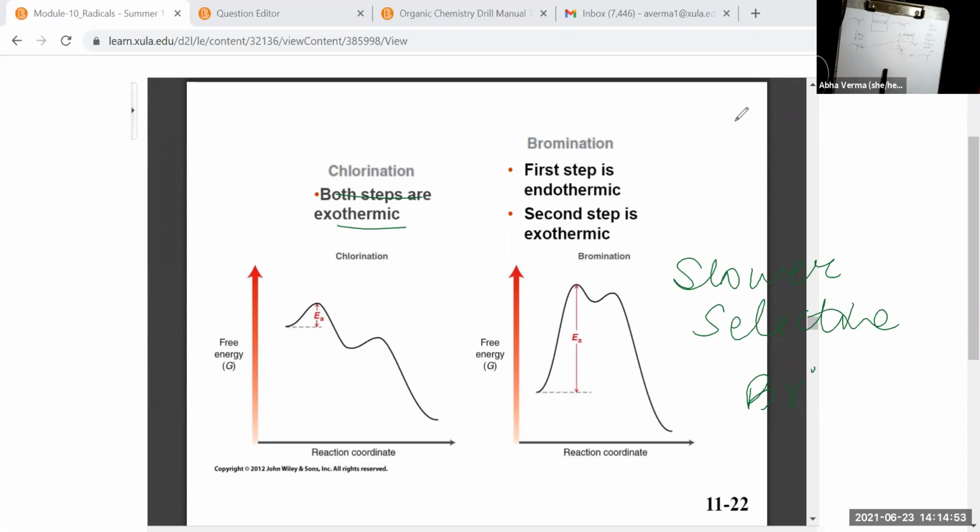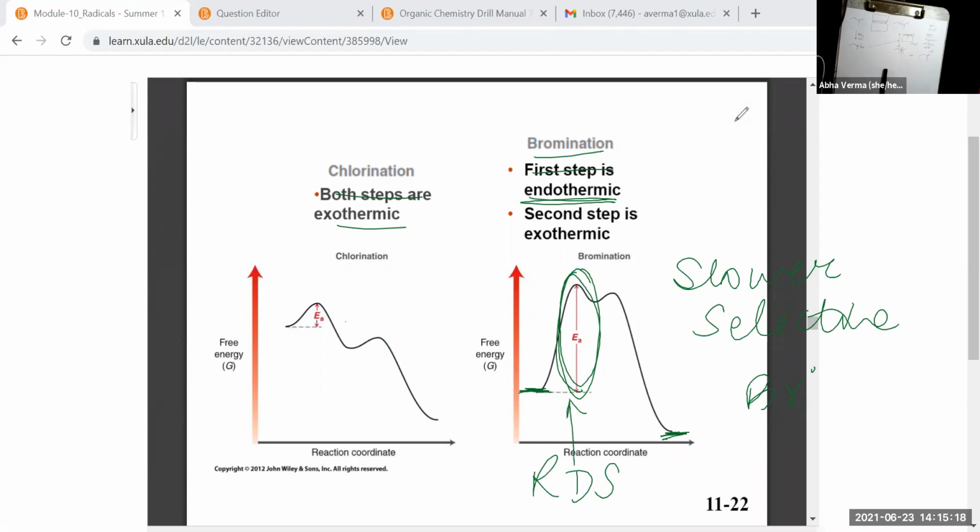If you look at bromination, the first step is endothermic. That is your rate determining step. Overall, it is an exothermic reaction, but the first step is the rate determining step.